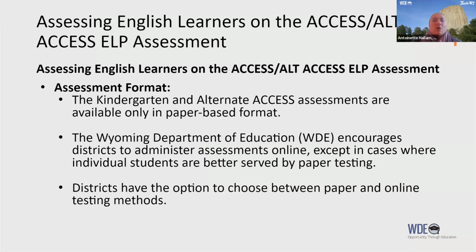While the kindergarten and Alt Access assessments are exclusively available in a paper-based format, the Wyoming Department of Education advocates for online testing when feasible, but allows districts the flexibility to choose the method that best meets the needs of their students, taking into account individual circumstances that may favor one format over the other.